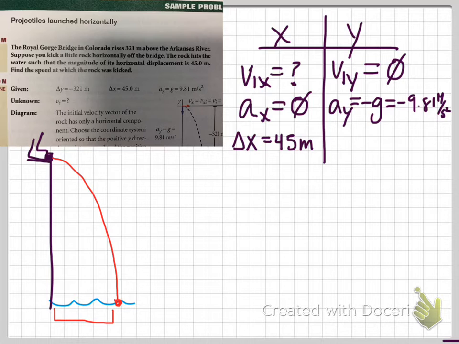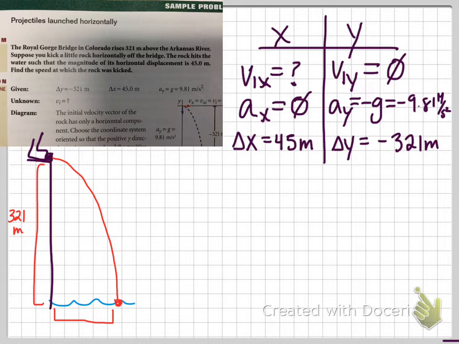Are we told delta y? Yes, because we're told that the bridge rises 321 meters above the river. So what is delta y? Be very careful here. Negative 321 meters is the displacement of the object. All right, find the speed with which the rock was kicked.